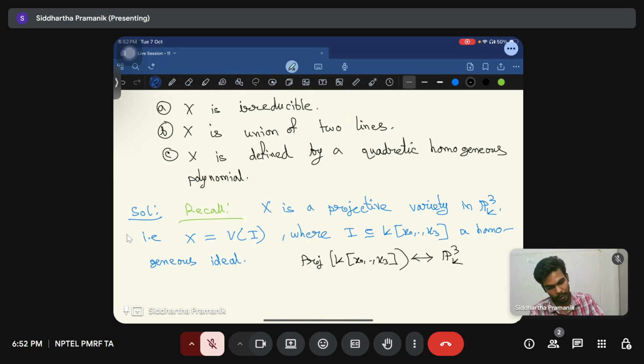And here we have the set X, so here we have the set V of I.